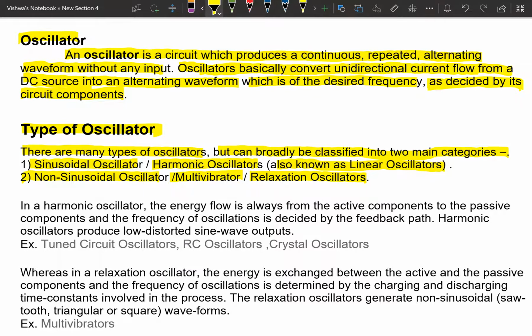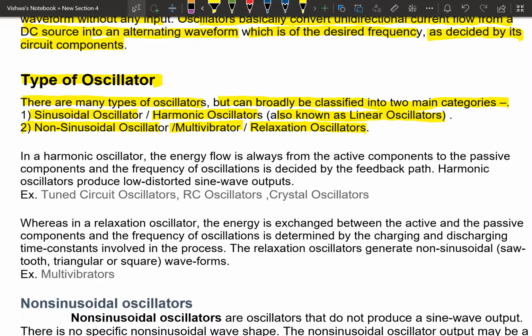What is a sinusoidal or harmonic oscillator? In a harmonic oscillator, the energy flow is always from active components to passive components, and the frequency of oscillation is decided by the feedback path.